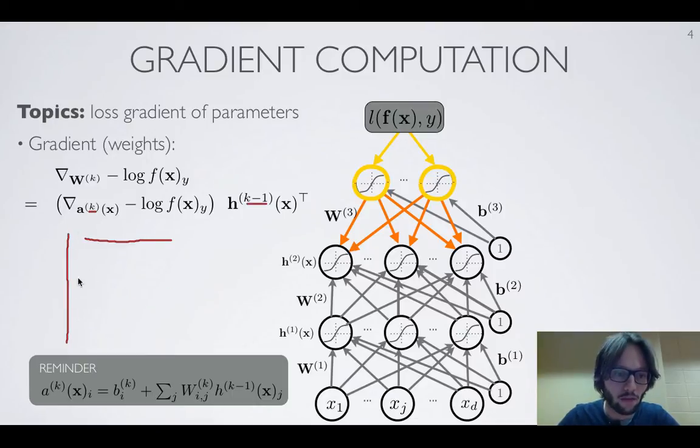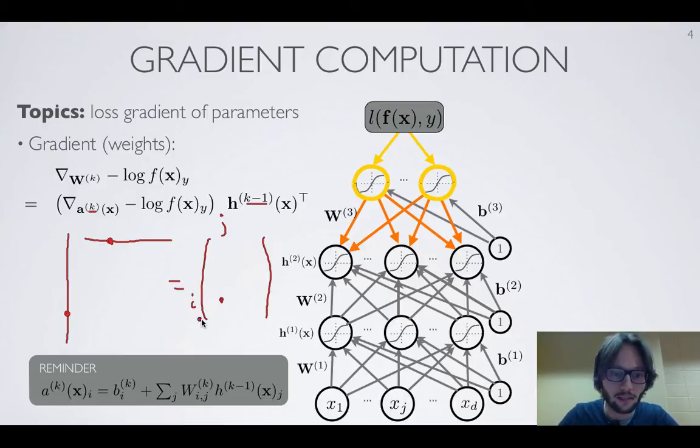Now if we take a column vector times a row vector, we're going to get a matrix, and the element at row i and column j is simply going to be the ith element of the column vector times the jth element of the row vector.